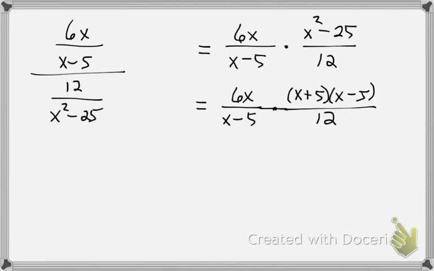And we do have some simplification. What can we reduce? 6 will reduce the 12 to a 2. x minus 5 divided by x minus 5. We're left with x times x plus 5 over 2.